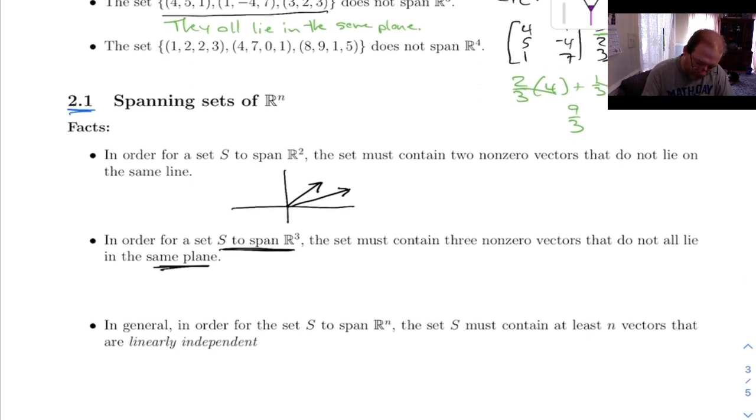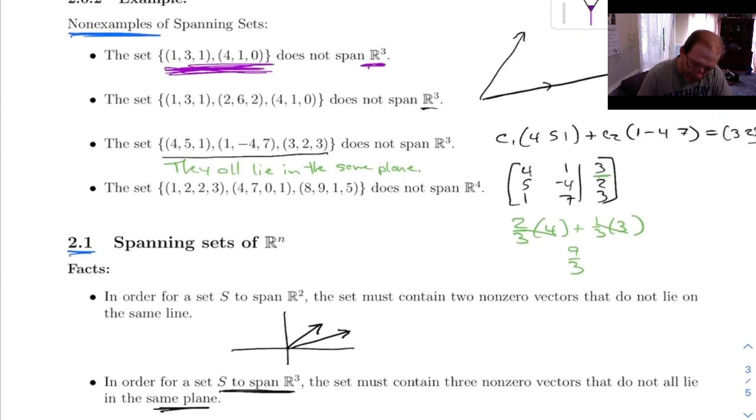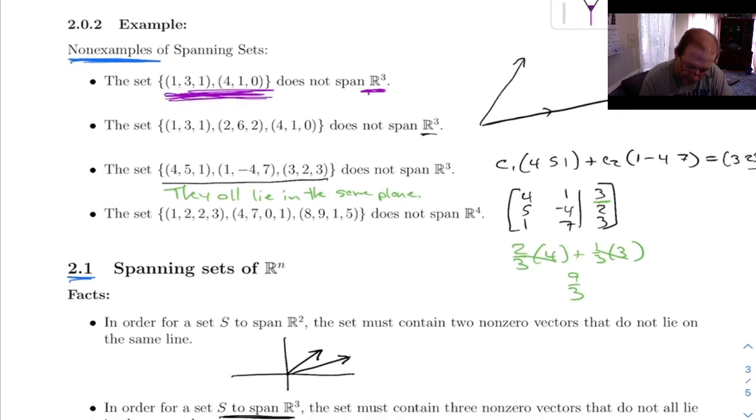So let's see, this bit down here, we already talked about R2 and R3. But in general, in order for a set to span Rn, the set must contain at least n vectors that are linearly independent, meaning that none of them are linear combinations of the others. We'll define that in a minute. But that's what's going on here. In this case, for R3, we only had 2 vectors here, so that's not enough.